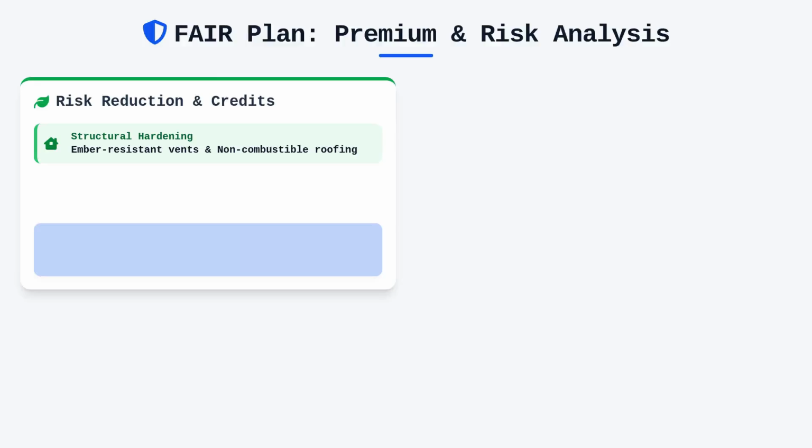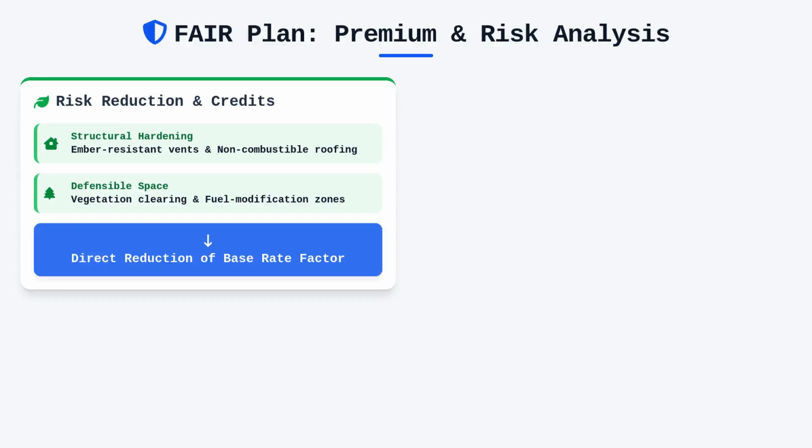These rating credits are applied when a property owner satisfies specific structural and defensible space criteria, such as installing ember-resistant vents, utilizing non-combustible roofing materials, clearing vegetation, and maintaining a continuous fuel modification zone around the structure. When reviewing a client's risk profile, a producer should emphasize that executing these mitigation steps directly reduces the base rate factor applied by the pool.